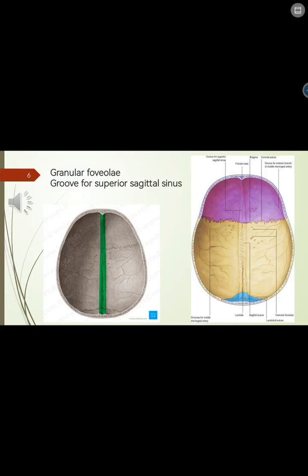These impressions are more prominent in old age. Granular foveolae are the place of CSF absorption in the cranial fossa.